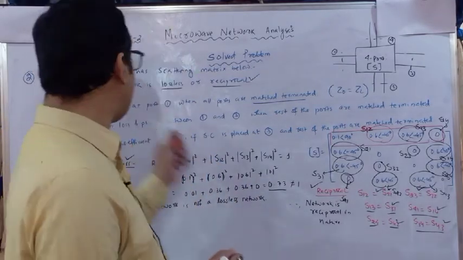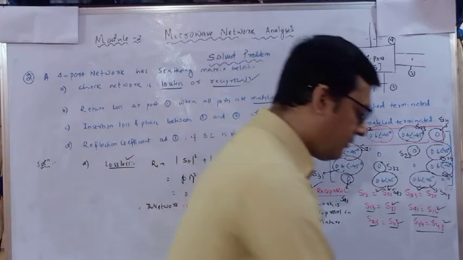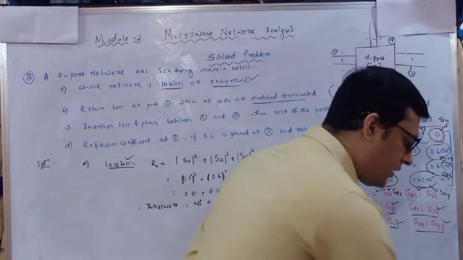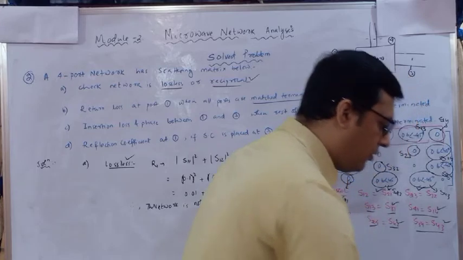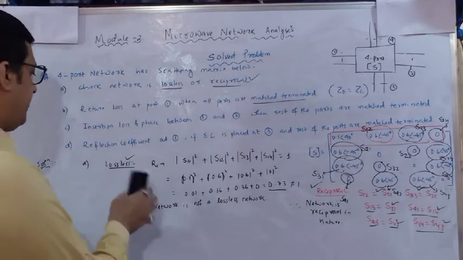Okay, so next we will proceed to part B, that is the return loss for port 1 if port 2, port 3 and port 4 are match terminated. Let me erase this.